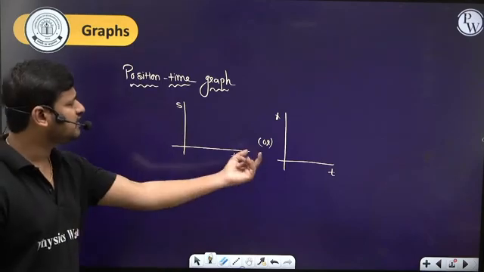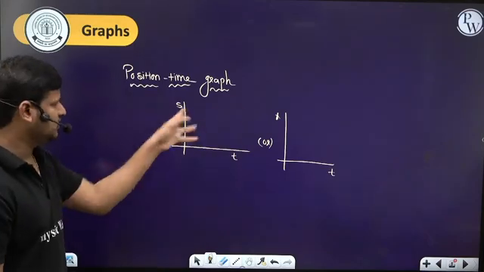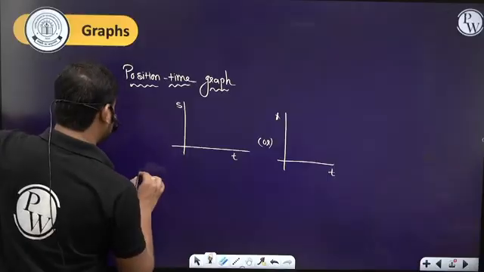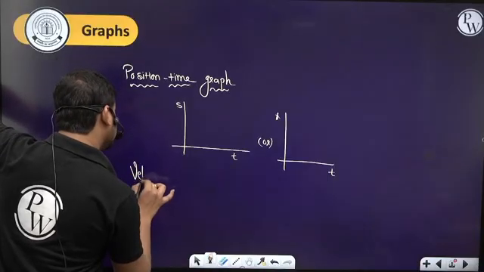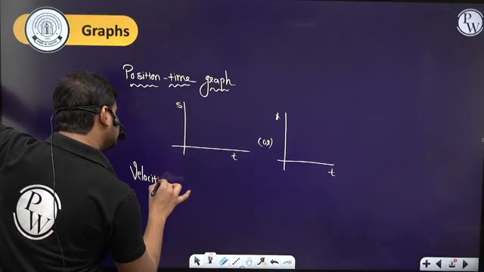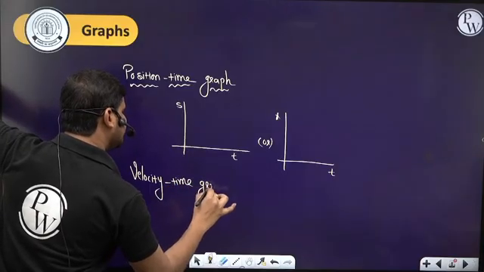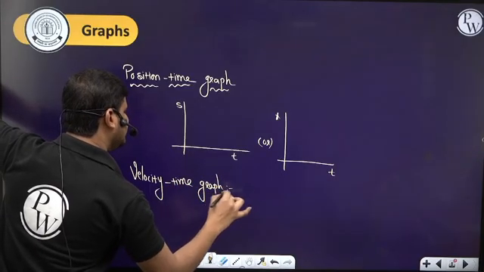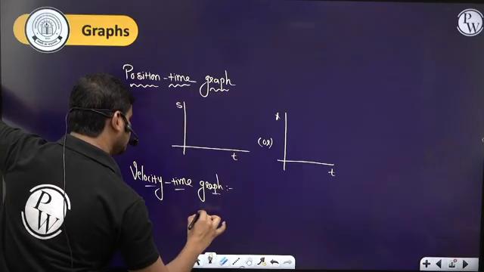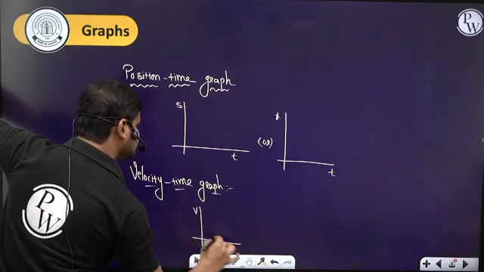In different books they write different notations. Along with this, we'll also study the different cases of the velocity time graph, the VT graph, velocity versus time graph.